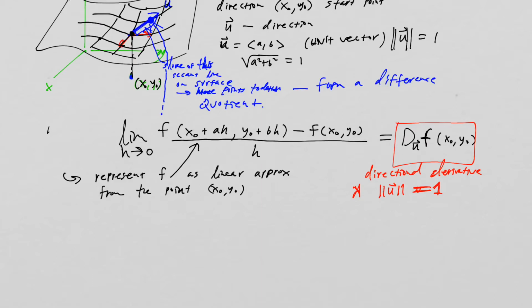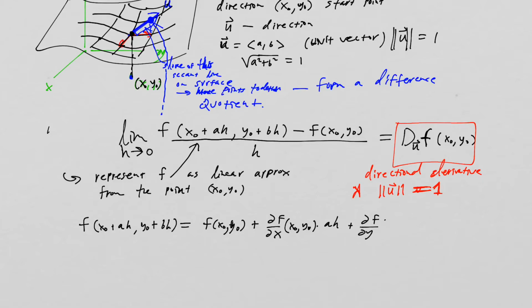Okay, so we can clearly do this. f of x naught plus ah comma y naught plus bh is equal to f of x naught comma y naught plus the partial derivative of f with respect to x, evaluated at x naught, y naught, times ah, plus the partial derivative of f with respect to y at x naught, y naught, times bh. Okay, cool. I think we have this.